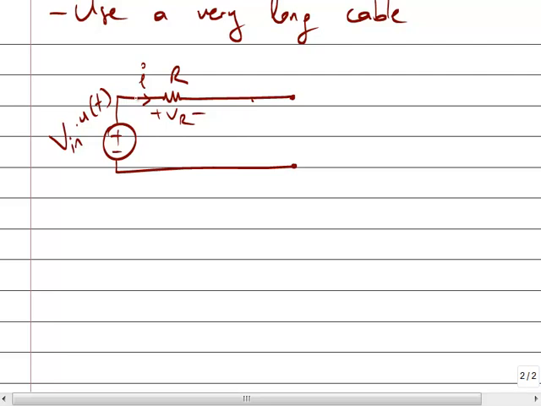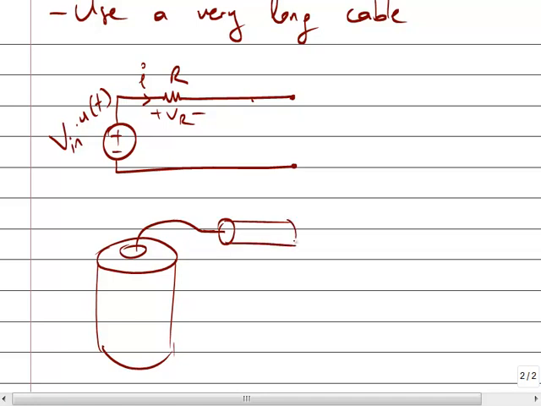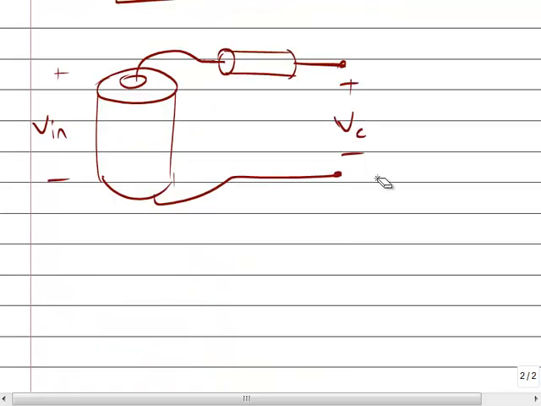In real life, voltage source will be, for example, a battery. Okay, and a resistor is something like that. This is V in. This is VC. Okay. Instead, I connect a long cable.